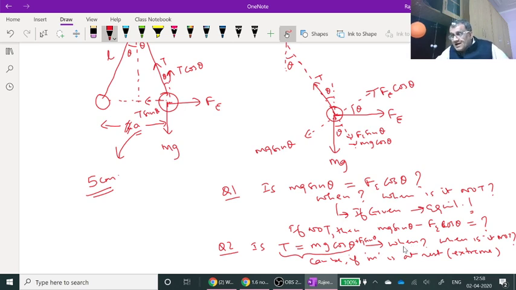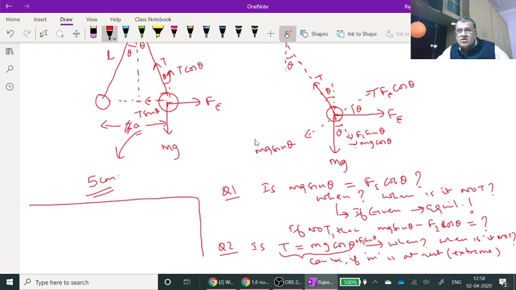Very good. Abhinav Kumar, is it true every time? No. If it is, say for example, oscillating and it is not at the extreme condition, then T minus Fe sin theta minus mg cos theta is the net force inwards. Let me write it here, because I don't need this space.